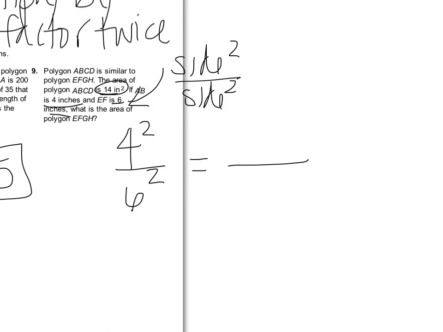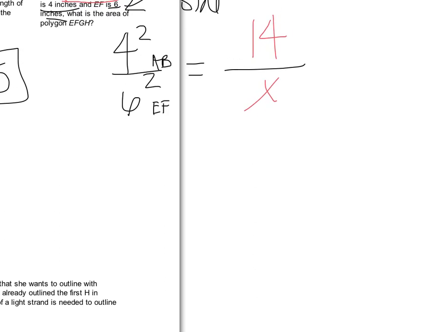4 was the side AB. 6 was the side EF. So when I figure out where my 14 is going to go, well, 14 has to do with ABCD, so it has to go on top with AB. So I'm going to put 14 on top and then X on bottom. Well, when I start doing my math, 4 squared is 16. 6 squared is 36.